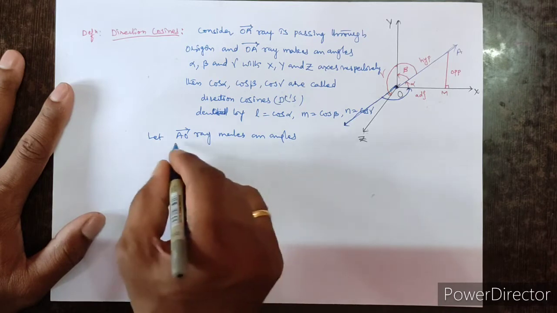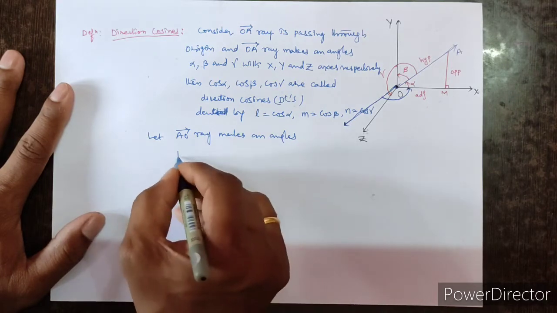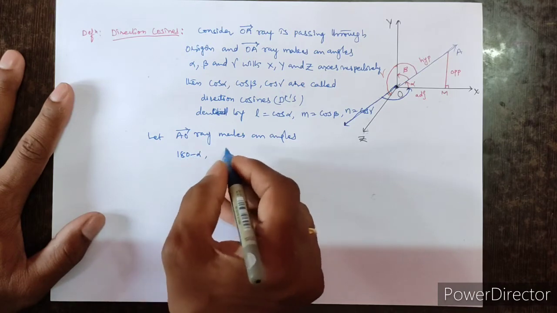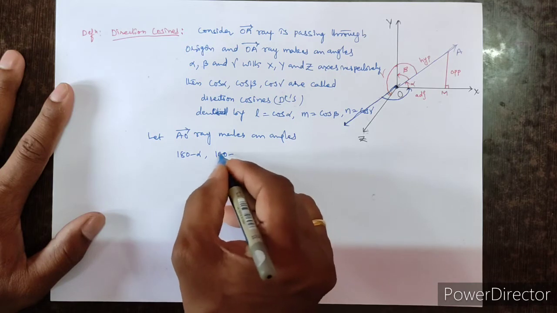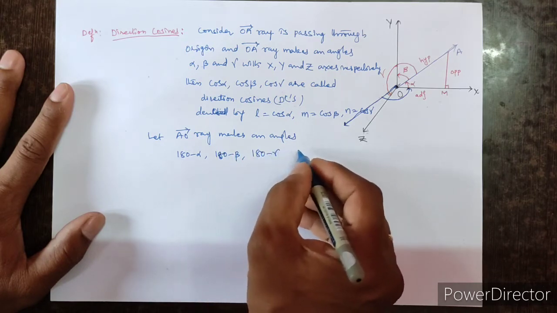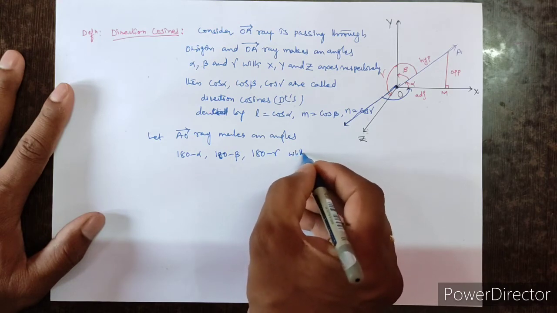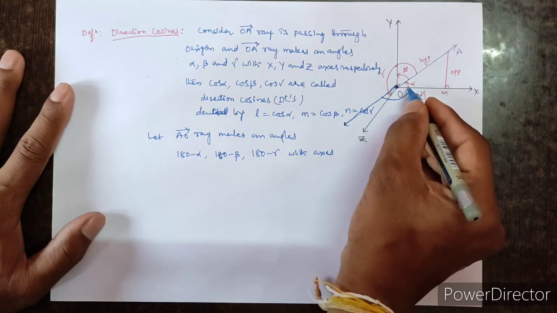So AO ray makes angles 180 minus alpha, 180 minus beta, 180 minus gamma with axes like this.